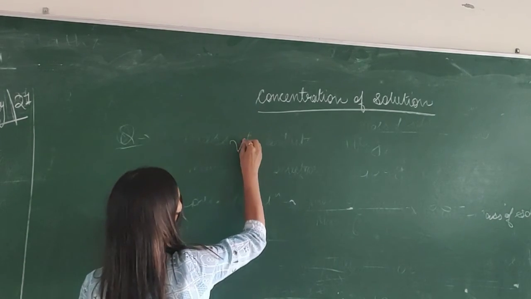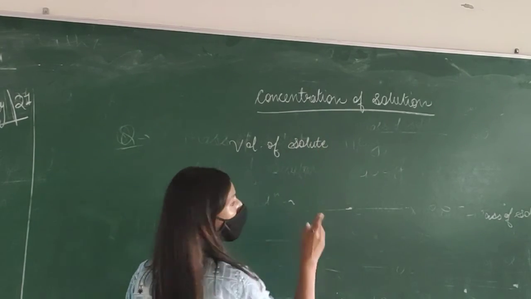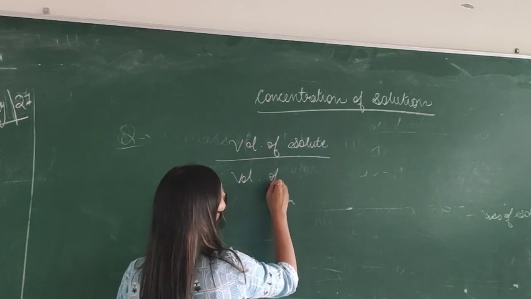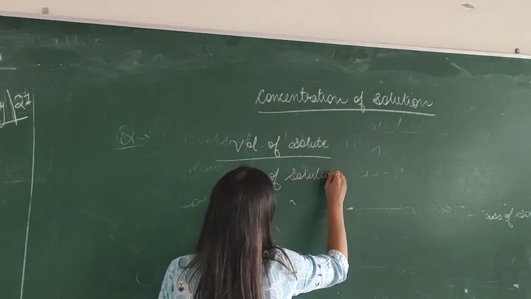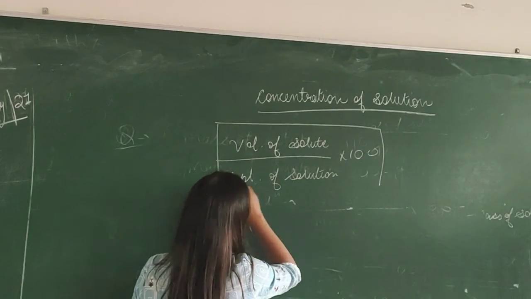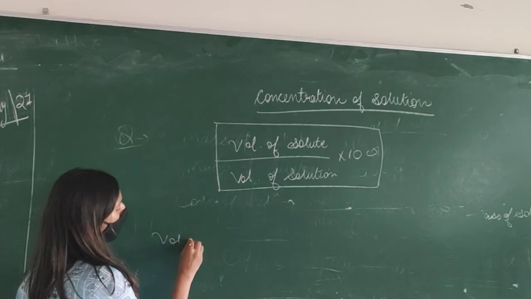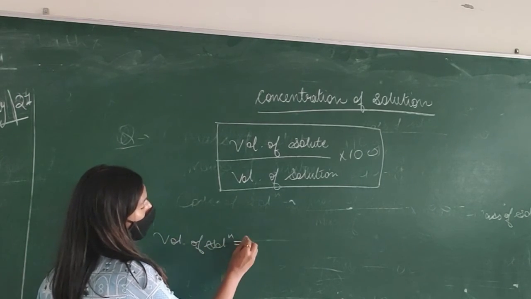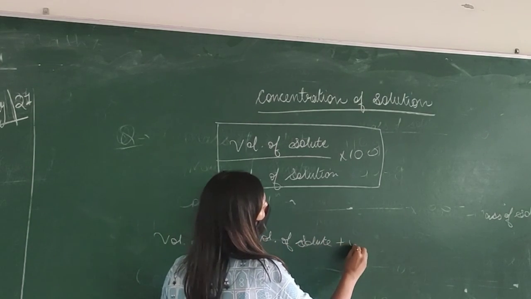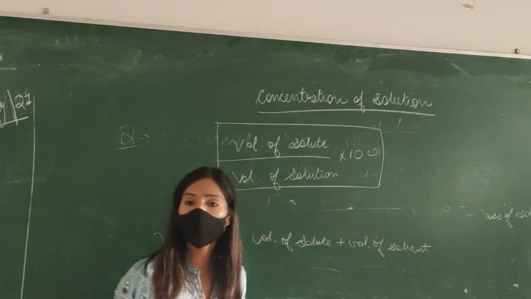So the formula will be volume of solute upon volume of solution into 100. The only change is the volume, and the rest of the formula remains the same. So again volume of solution equals volume of solute plus volume of solvent. Only this thing you have to keep in mind.